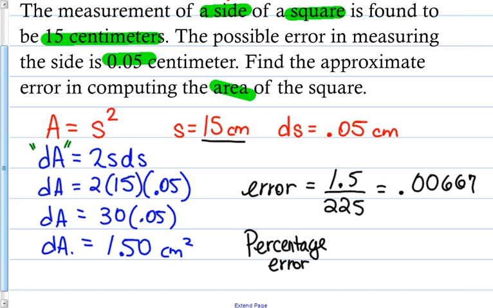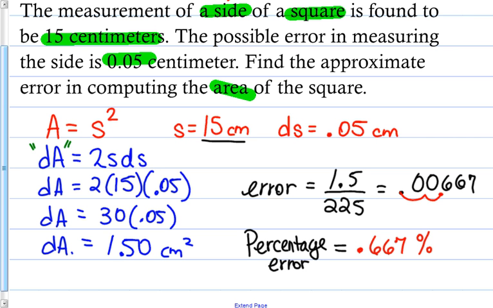But let's say I give you a problem where I want the percentage. Well, the percentage error would be computed the same way. Just go back to elementary school and remember, if you want a percent, you move the decimal back 2 places. So therefore, my percent is 0.667%, or 2/3%.